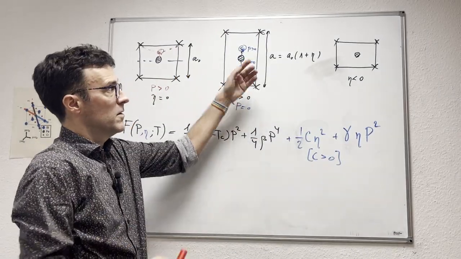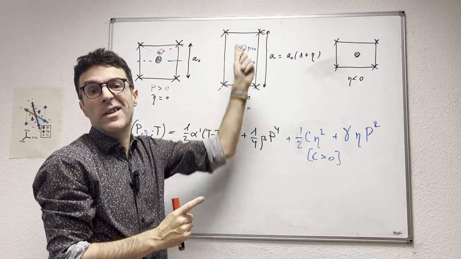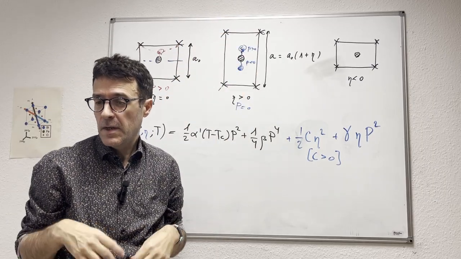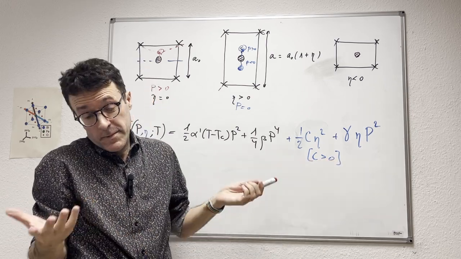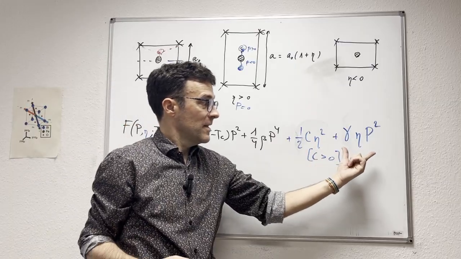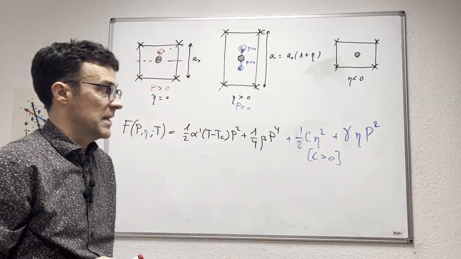Conversely, when we have a positive strain, this atom probably has a stronger tendency to go out. To capture that mathematically, the simplest way is to figure out whether this term can tell us something about that, right?